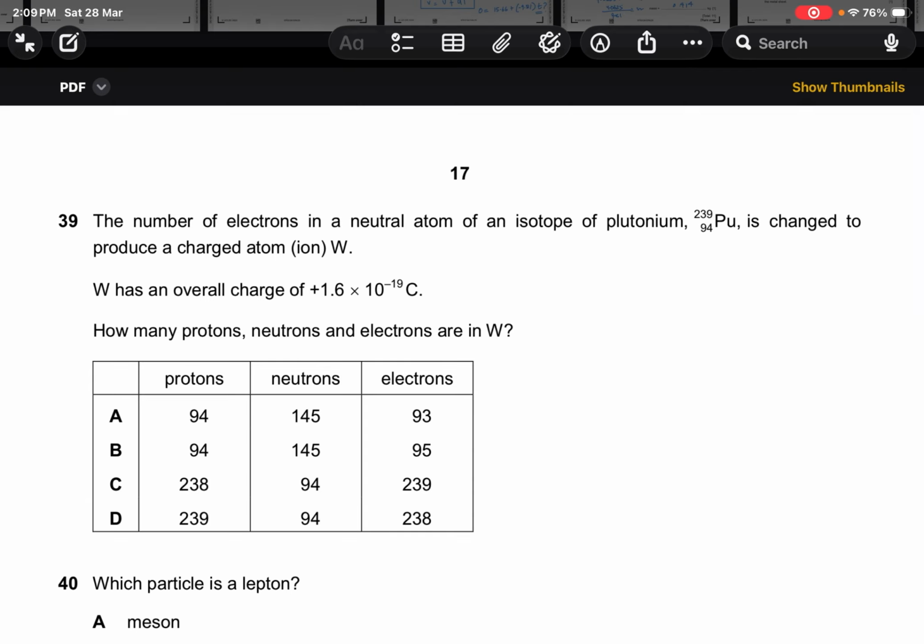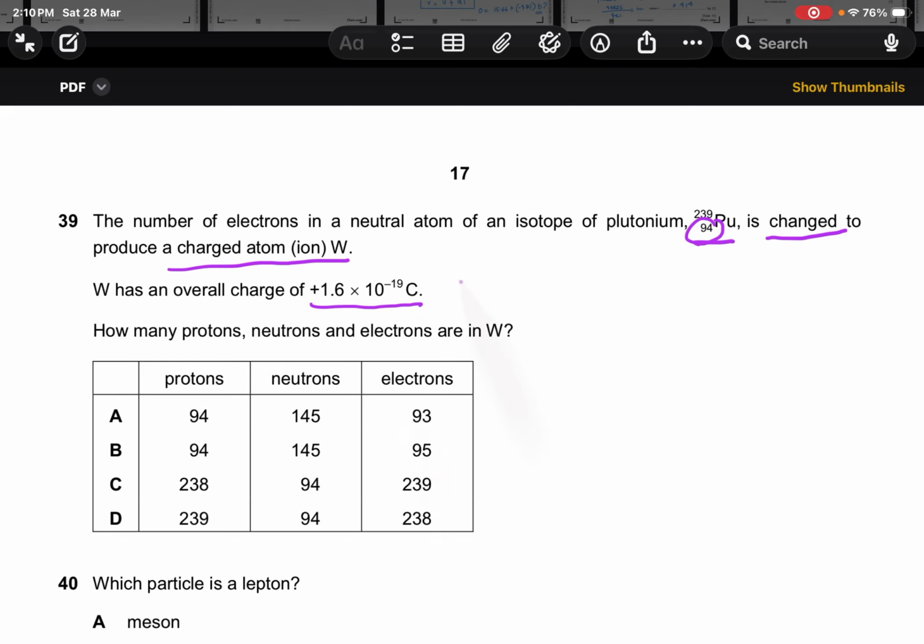The number of electrons in a neutral atom of an isotope of plutonium is changed to produce a charged atom of W. So initially I know that my proton number and my electron number is going to be 94, but now it is changed. It can increase or it can decrease. W has an overall charge of this plus this.